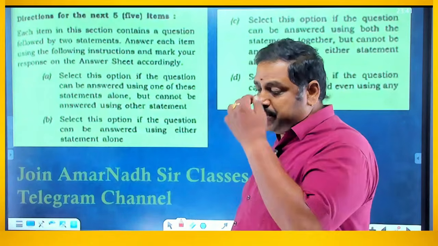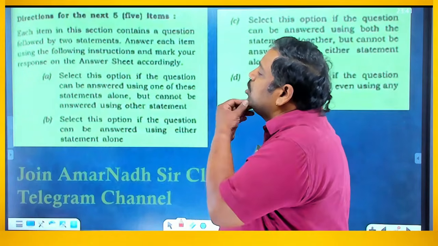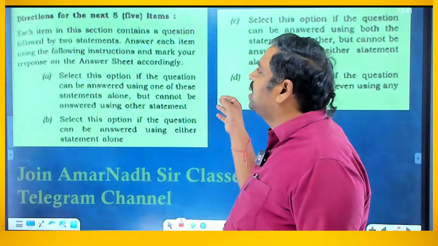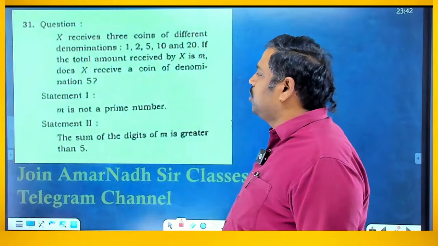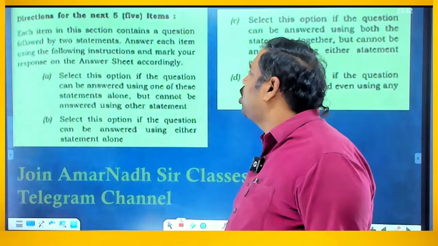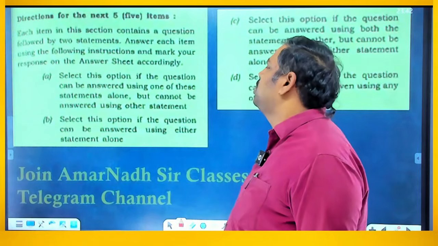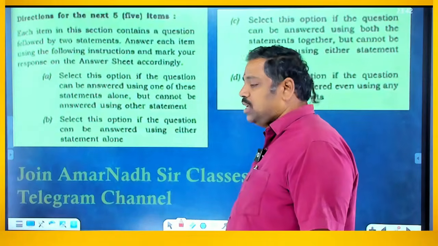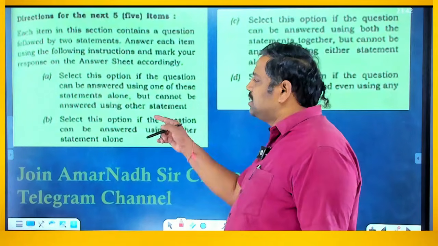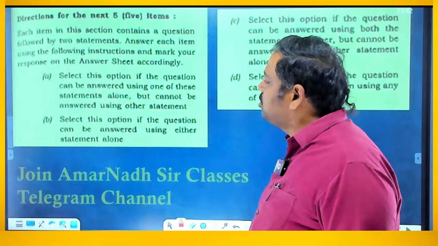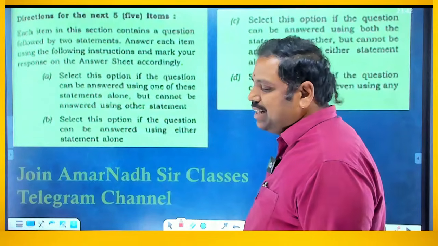Yeah, this is data sufficiency questions. The 4 options are given as directions, followed by questions. Select the first option if the question can be answered using one of the statements alone, but cannot be answered using the other statement alone. Second, select this option if the question can be answered using either statement alone.